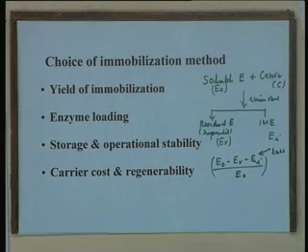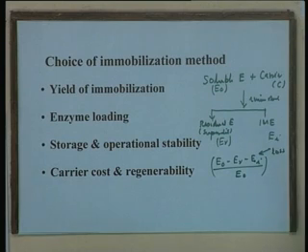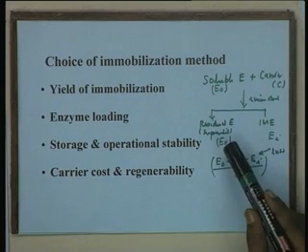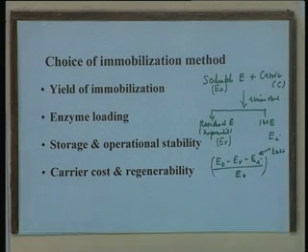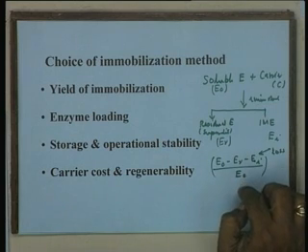You see, of the total enzyme activity, the activity is distributed into two fractions, the immobilized enzyme as well as the uncoupled enzyme in the residue, and theoretically these two should combine and form the total value of E naught.